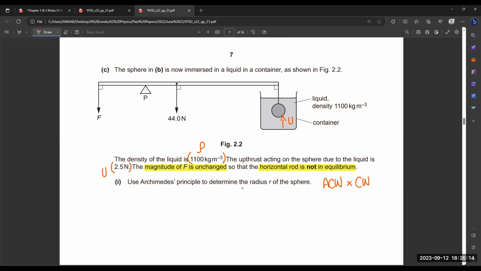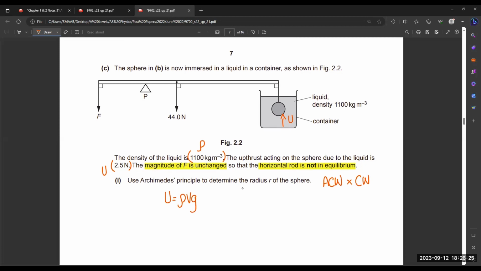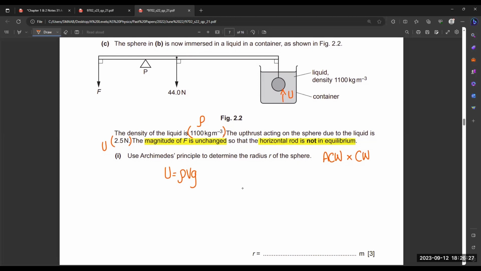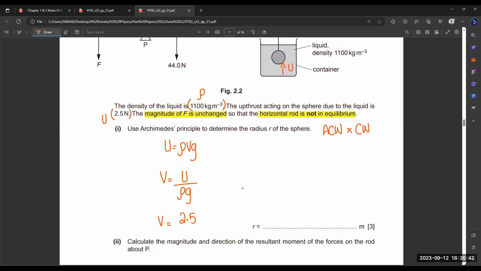Basically, if we use the basic formula of the upthrust, this is the equation for that. And with the help of this, we can first find out the volume. So volume will be equal to 2.5 divided by density into 9.81.